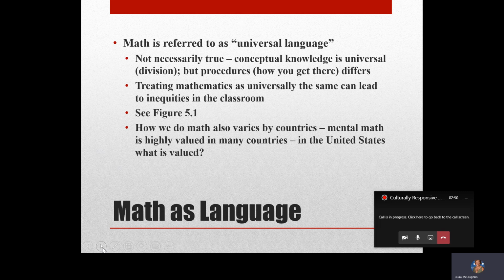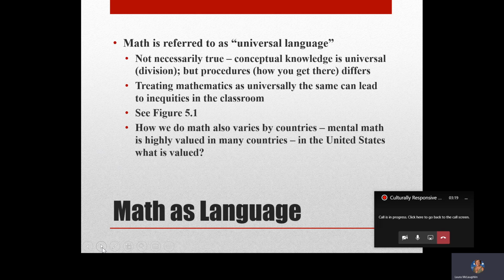And so actually, if you look at figure 5.1 in the book, it talks about subtraction algorithms from around the world. So this is really interesting, and I think it's important to note that different places like France, Vietnam, Thailand, Mexico, Latin America, and other places have a missing addend approach where things are done mentally.